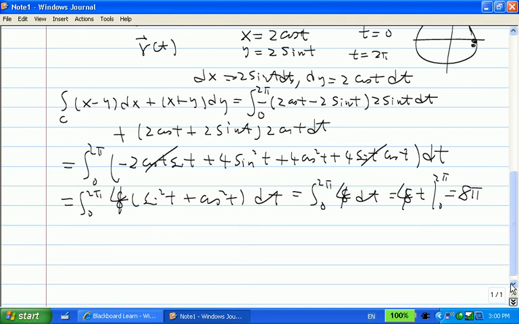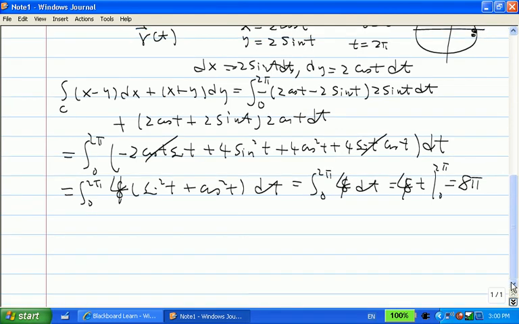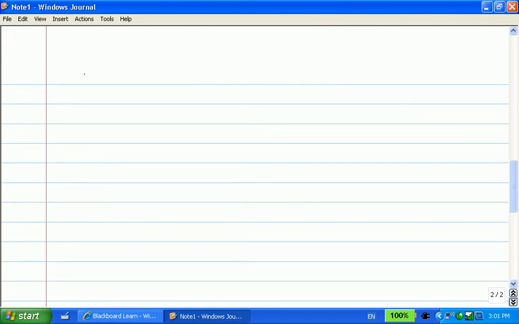Okay. Now let's do another example. Okay. We want to use Green theorem to integrate this line integral. Okay. x y squared dx plus 2x squared y dy.